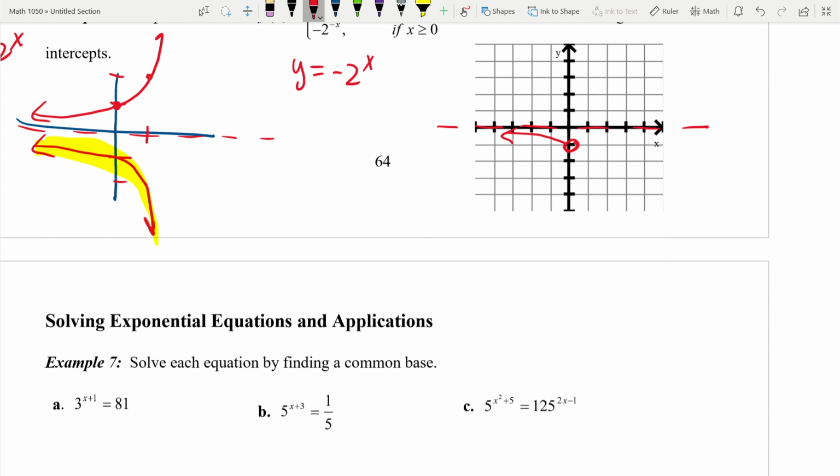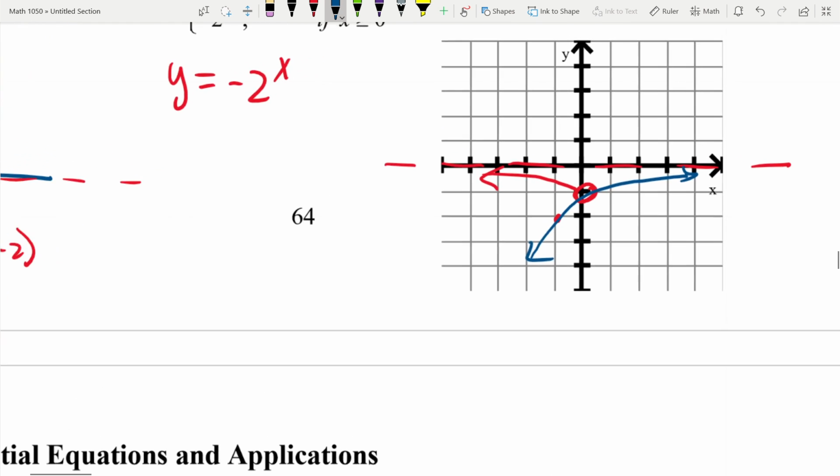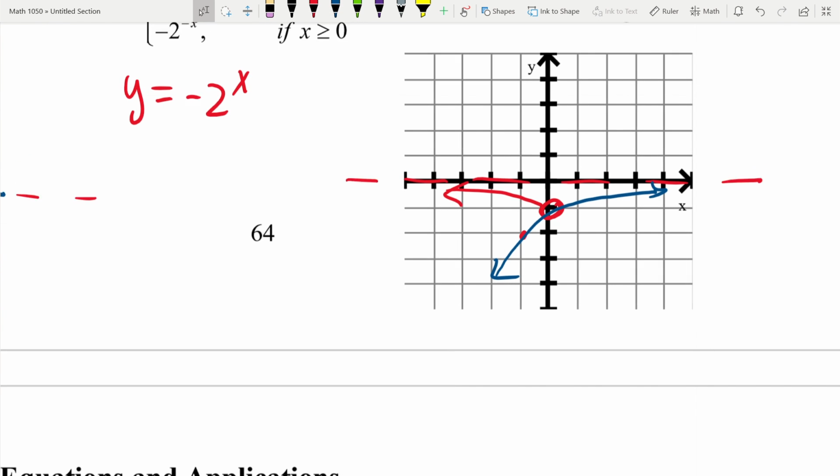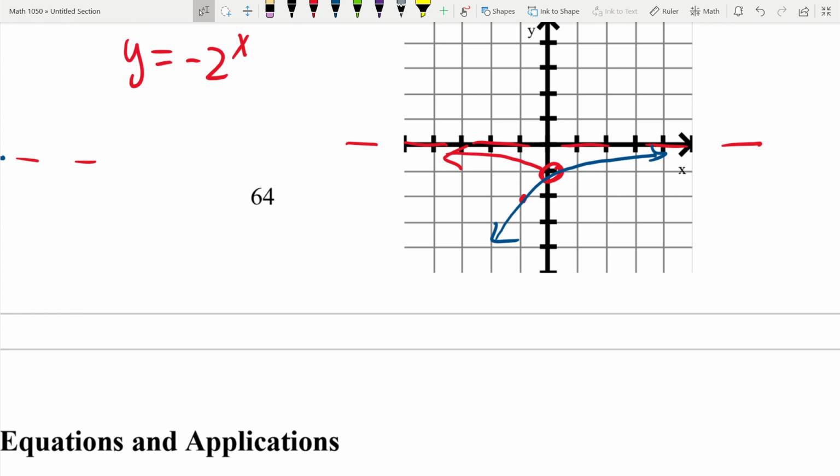Okay, this point right here is 1, negative 2. So when I fold it across the other side, it's negative 1, negative 2. I'll draw this in blue so you can see it, differentiate, and it looks like that. That's a double reflection. Okay, but it's only supposed to be there if x is bigger than 0.